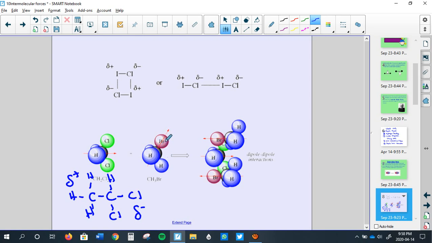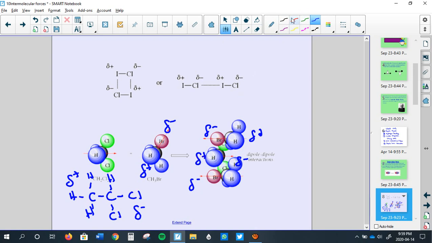So this end creates a negative dipole here and a positive one here. What will happen is your negative and positive are going to orient themselves. So here is your chlorine, negative here, which means this end over here is going to be positive.